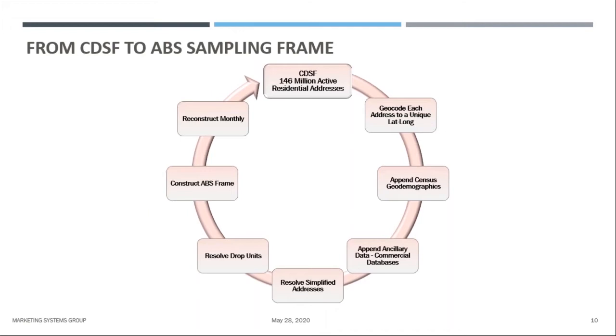By relying on commercial sources, we can identify the exact address for some of those drop points. And this is how the so-called ABS frame is constructed from the basic delivery sequence file.